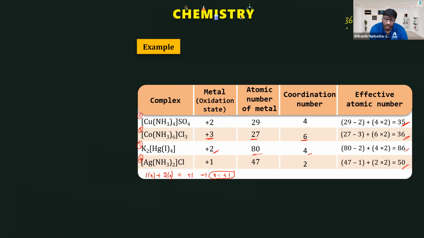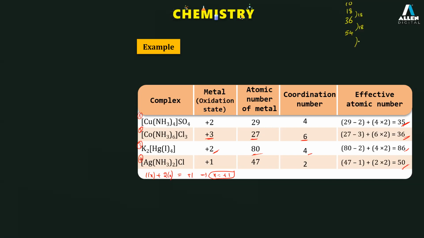After 36, first you have 18, then 10 neon, and above that helium. Helium, neon, argon, krypton. After krypton, what do you have? How much is the atomic number of xenon? 54. After 54, you are adding 32, which results in 86.